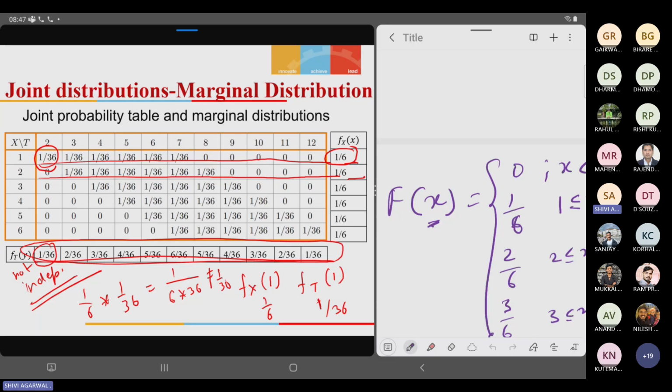So t depends upon the value of x also, because t is coming based on x and y here. We are not considering y here because we are considering t. So x and t are not independent of each other. Why? Because if we take the experimental concept, they are dependent on each other.